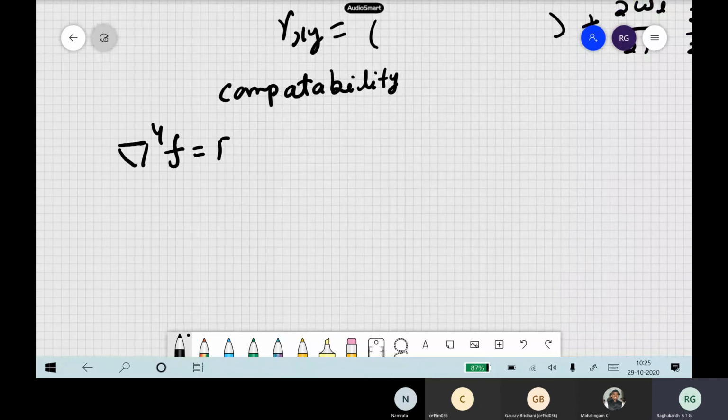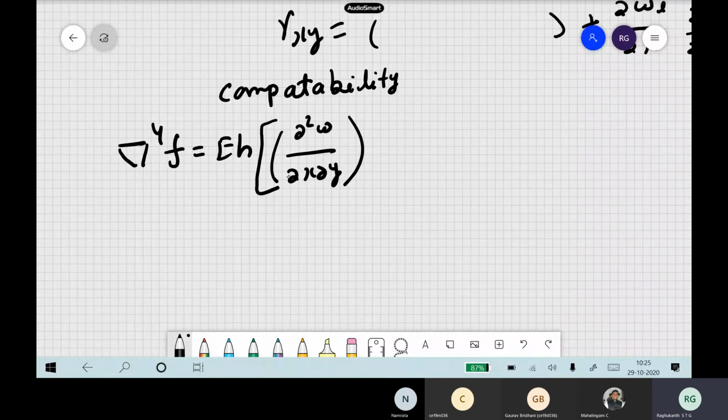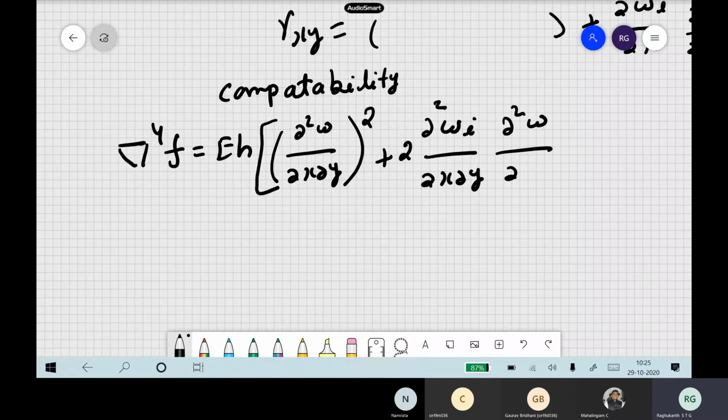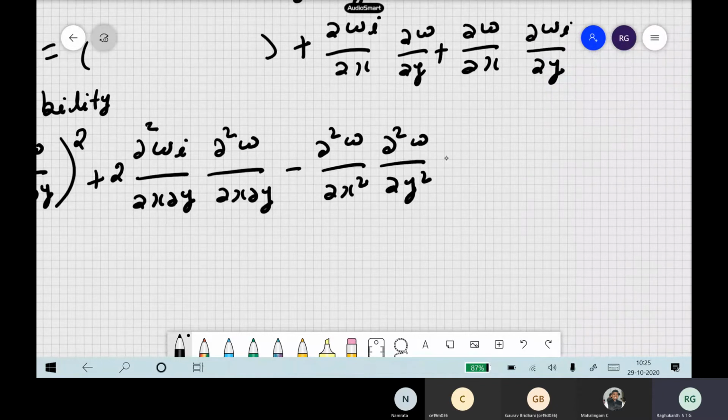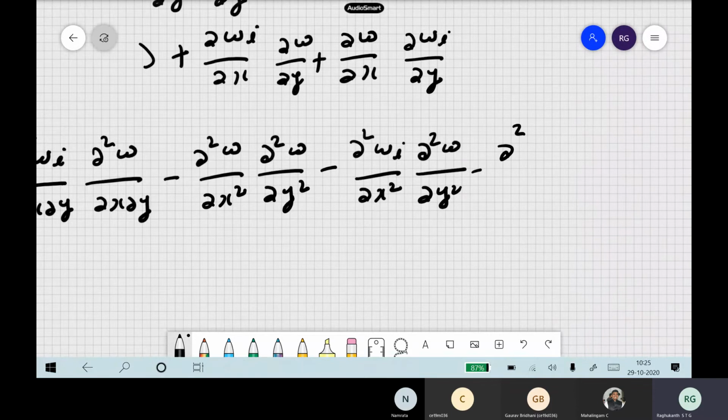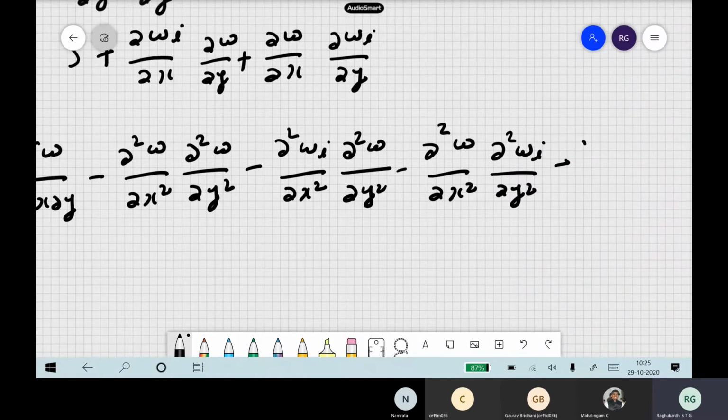Del to the power 4 of f equals (∂²w/∂x∂y) whole squared plus 2 times ∂²wi/∂x∂y times ∂²w/∂x∂y, minus ∂²w/∂x² times ∂²w/∂y², minus ∂²wi/∂x² times ∂²w/∂y², minus ∂²w/∂x² times ∂²wi/∂y², minus 1/r ∂²w/∂x².